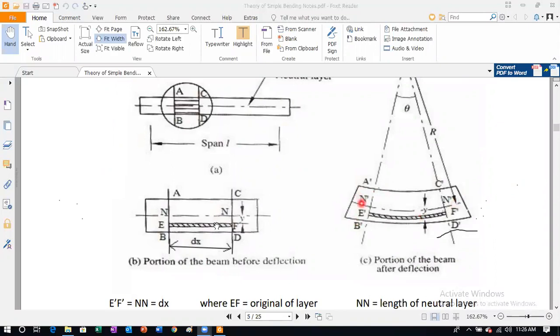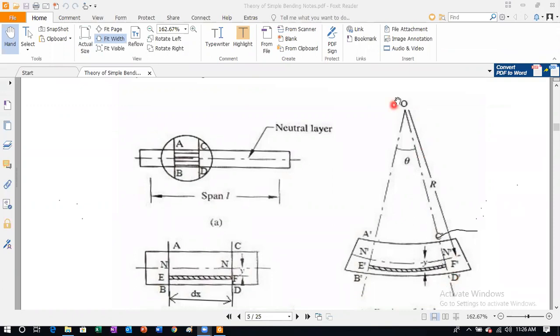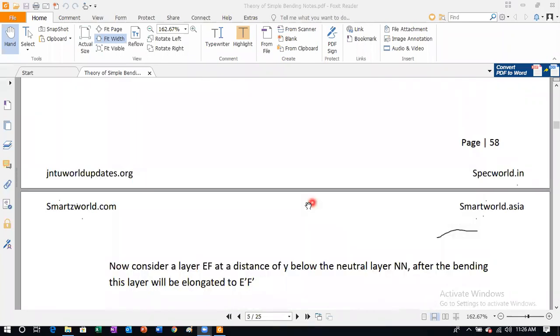EF is a smaller part of the transverse section. That fiber will become E dash F dash, at distance y from the neutral axis. The angle theta is subtended at point O, the center of curvature.